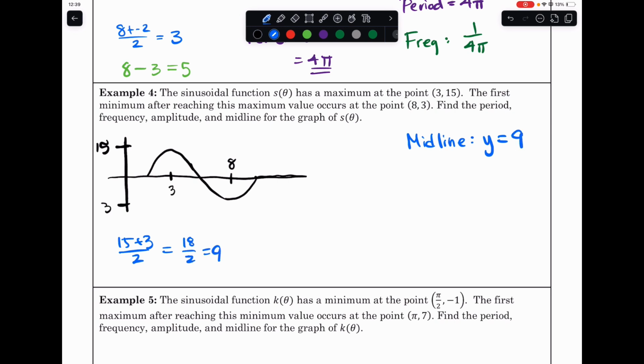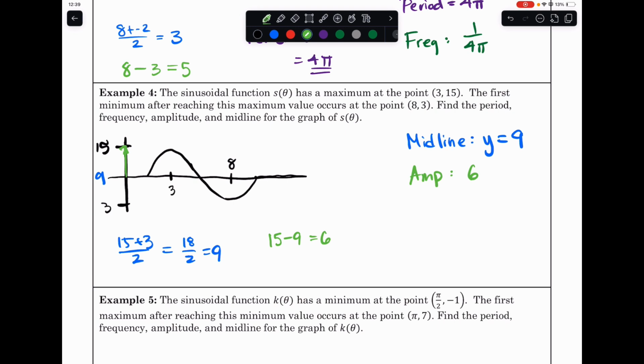So our midline is 9, so y equals 9. To figure out the amplitude, we just simply need to figure out the distance from here to there. And to figure out distance, subtract: 15 minus 9 is equal to 6. Amplitude is 6.